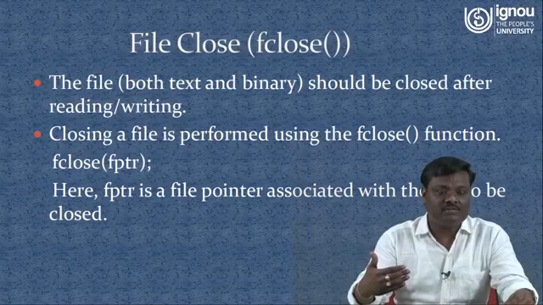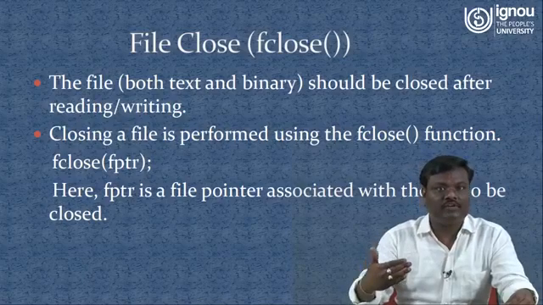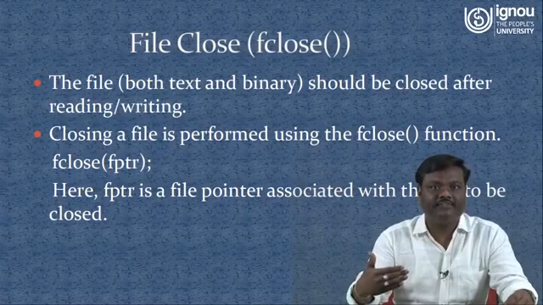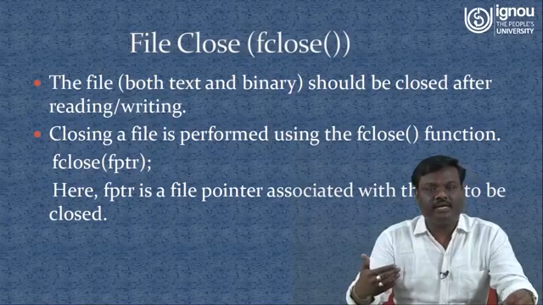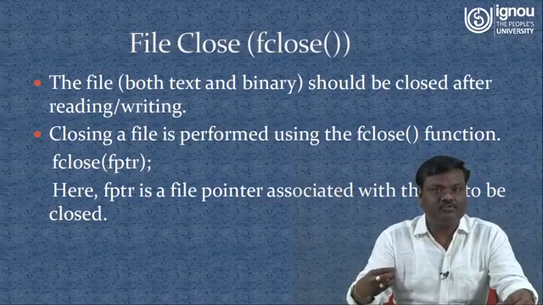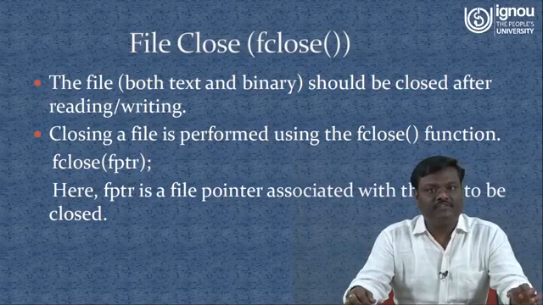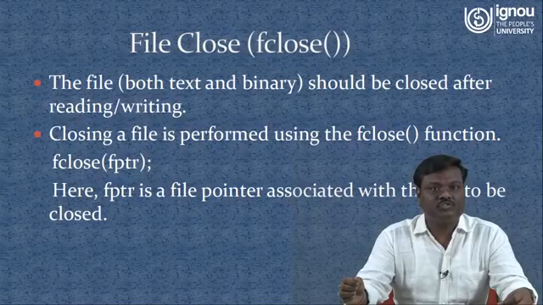Whatever files you had worked with, one or many, all the files need to be closed with a function called fclose. Whether it is a text or binary file, the good practice of C programming is that when you open a file, you should close that file towards the end. The file should be closed after reading, writing or even appending. Closing a file is performed using the fclose function.